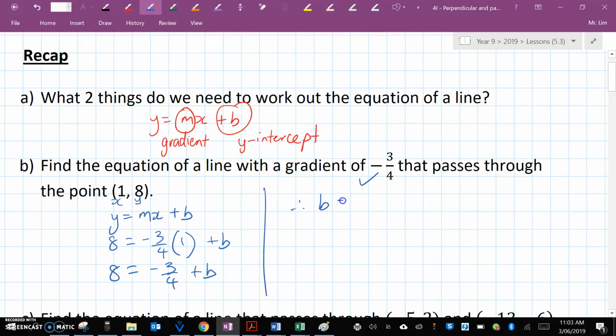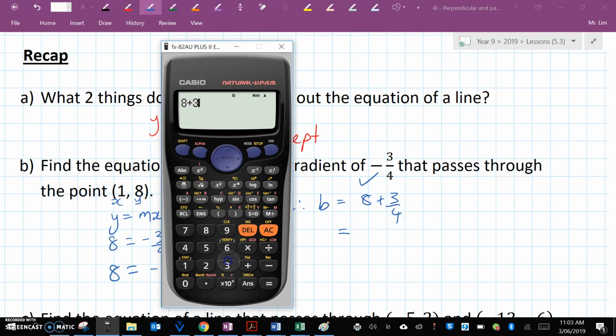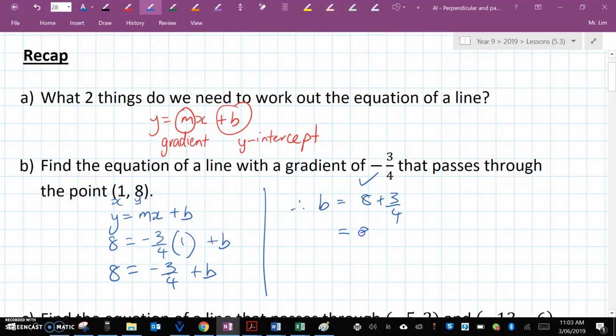Therefore, b is equal to 8 plus 3/4, which is 35 over 4. Therefore, the equation of a line is y equals m, which is minus 3/4, x plus b, which is 35 over 4.